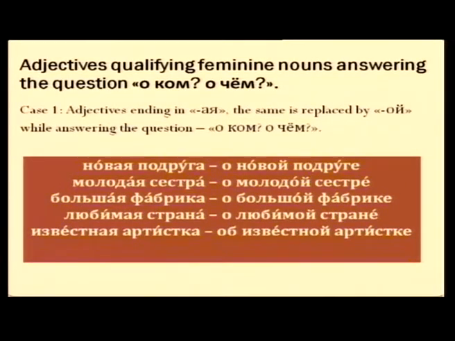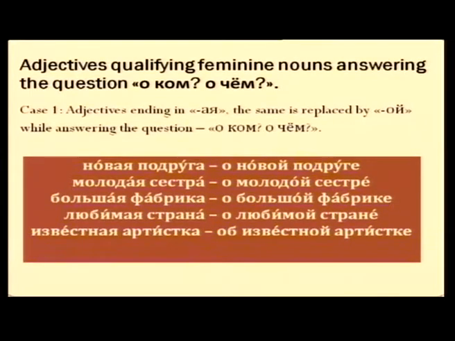Он говорит о новой подруге. Молодая сестра will change into о молодой сестре. О чём он думает? Or in this case, since we have used the noun сестра, it belongs to о ком. О ком он думает? Он думает о молодой сестре.